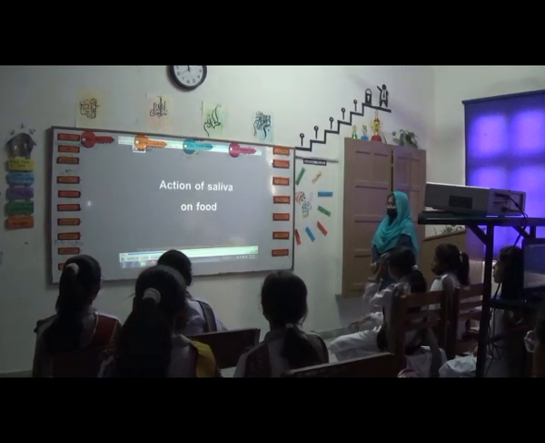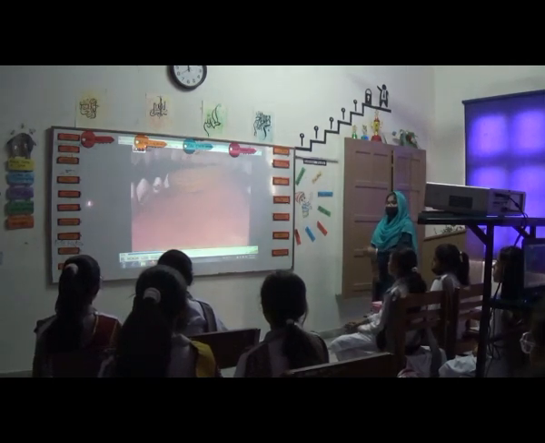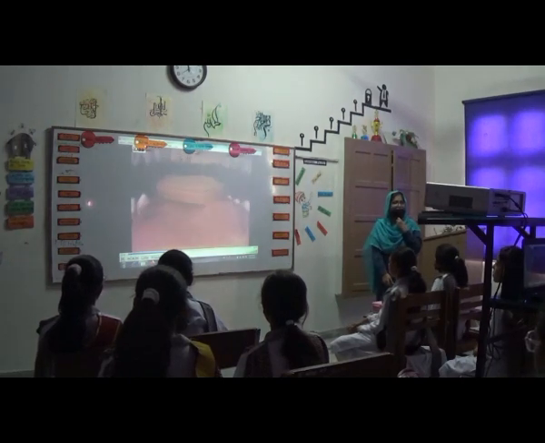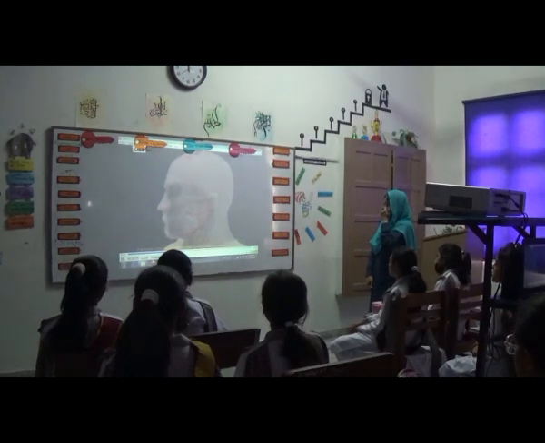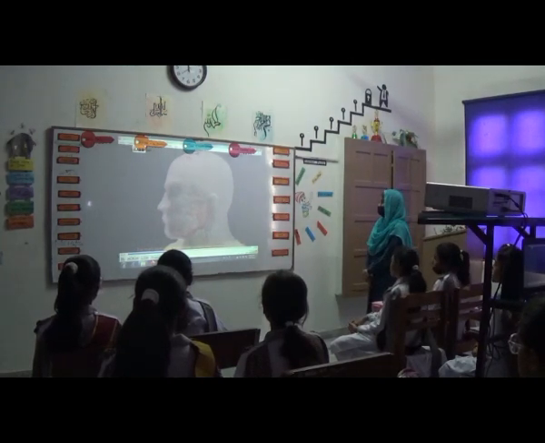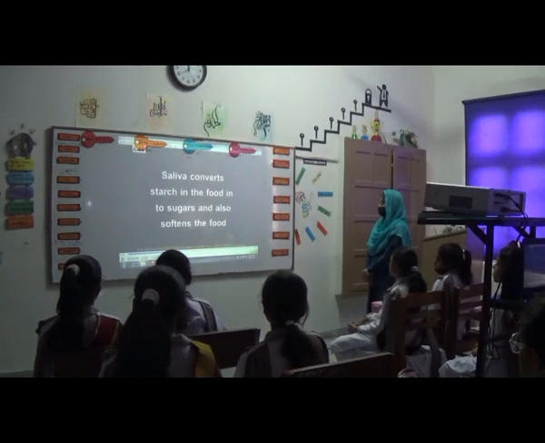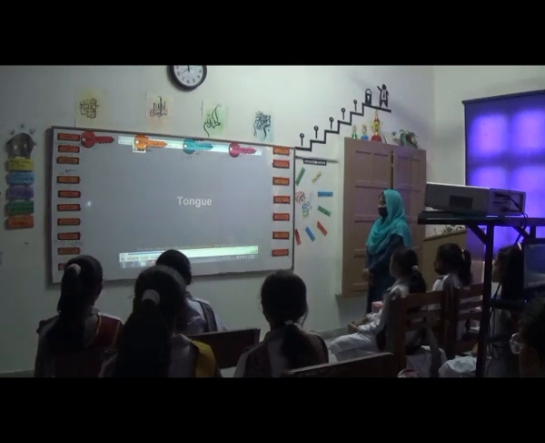Action of saliva on food. During chewing, food mixes with saliva. Saliva is secreted from salivary glands located on the lower jaw between the tongue and teeth. Saliva converts starch in the food into sugars and also softens the food. Tongue.